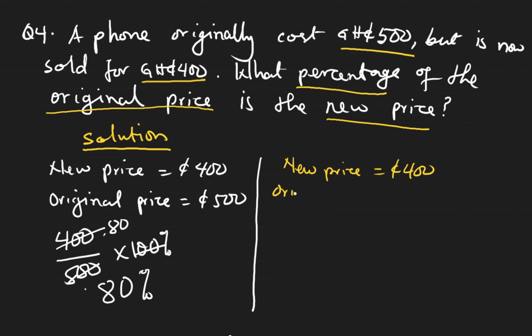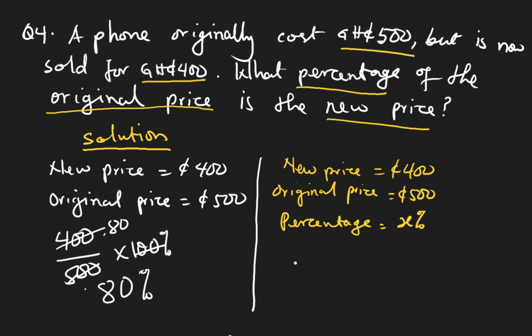We know the original price, which is 500. Now, what percentage? We don't know the percentage, so use a variable, say X percent, to represent it.